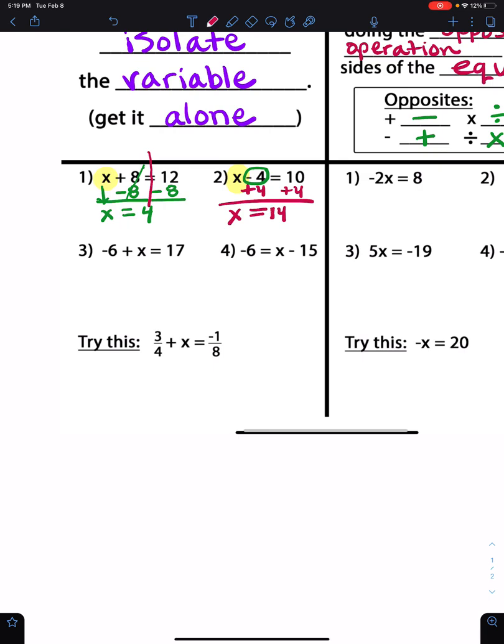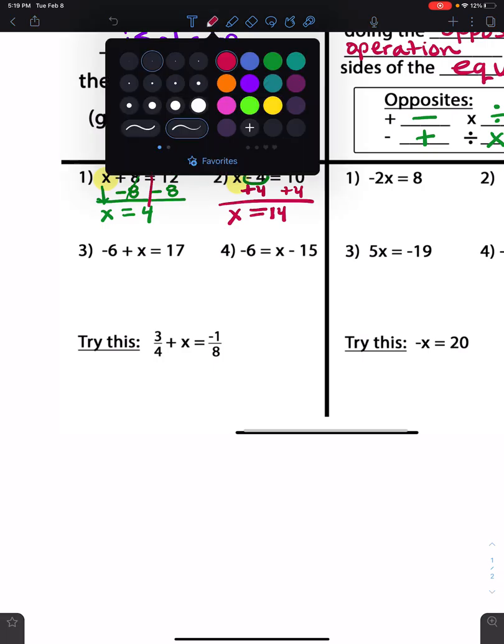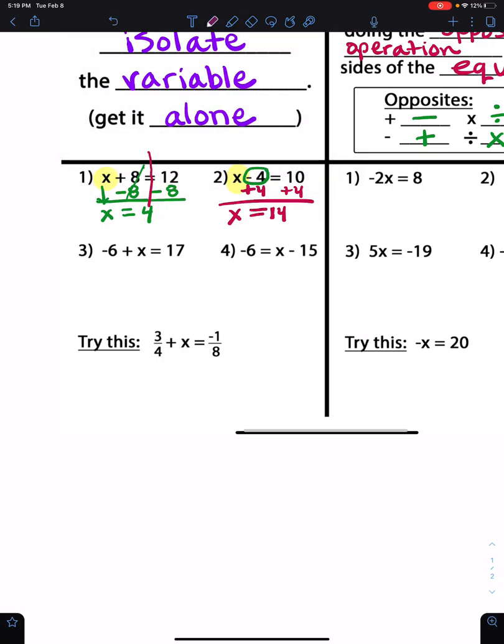I forgot to mention something very important, and that is when you solve equations, you can check them. It's the most beautiful thing. You can always tell if you get an equation problem right, because you can take your answer for the variable and replace the variable in the original problem with your answer, and if it's true, that means you got it right. So let's try it for this one.